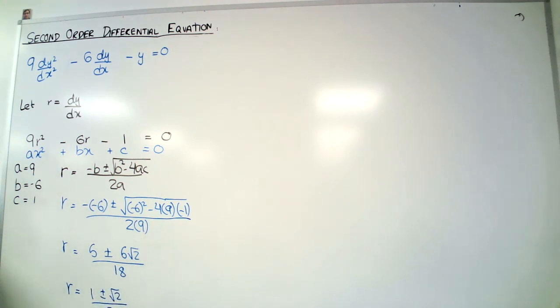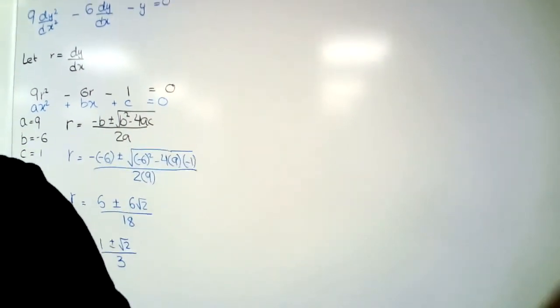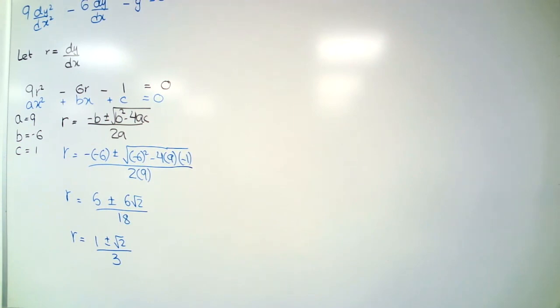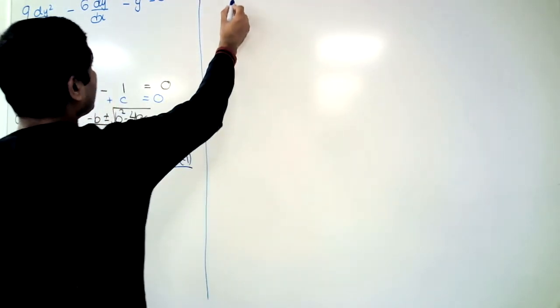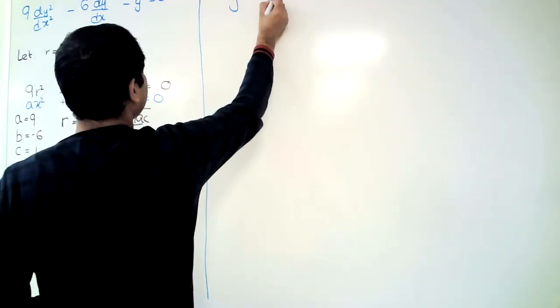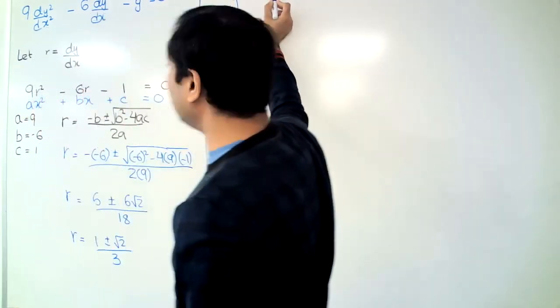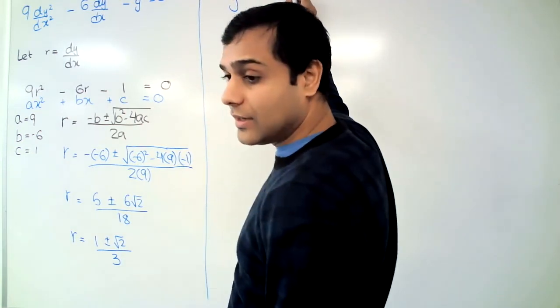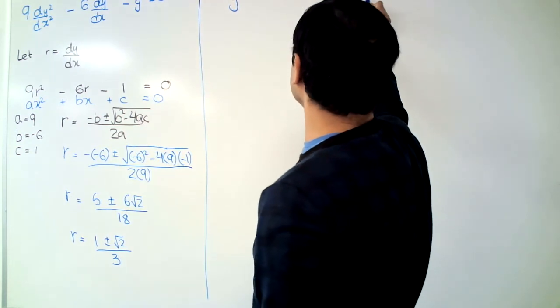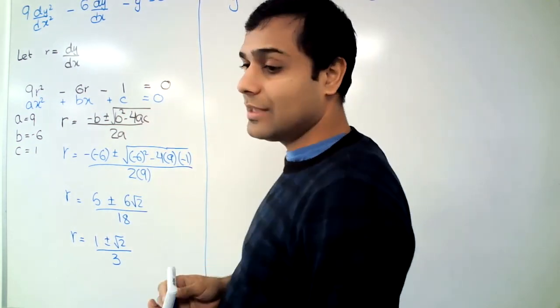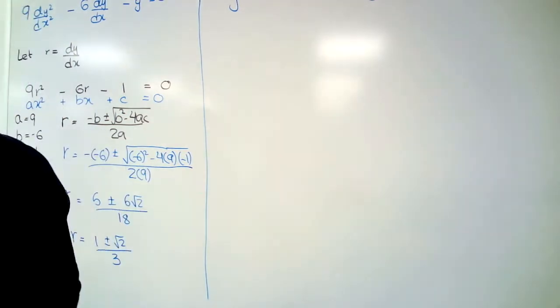So the r has two values. One value is 1 plus root 2 over 3. And the other value is 1 minus root 2 over 3. So these are two values. Now, you know the equation answer looks like this. y equals to A e to the power of the r plus B e to the power of r. That's how the answer for this equation looks like.